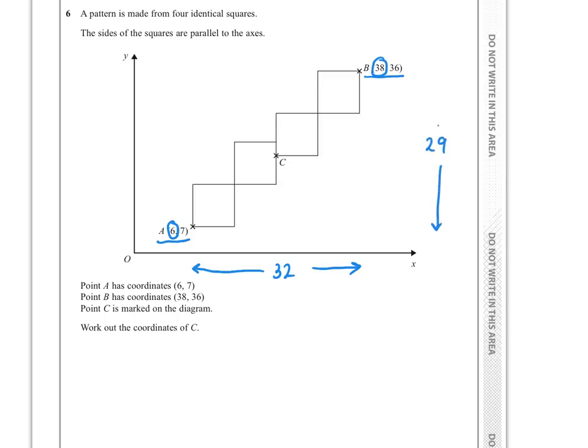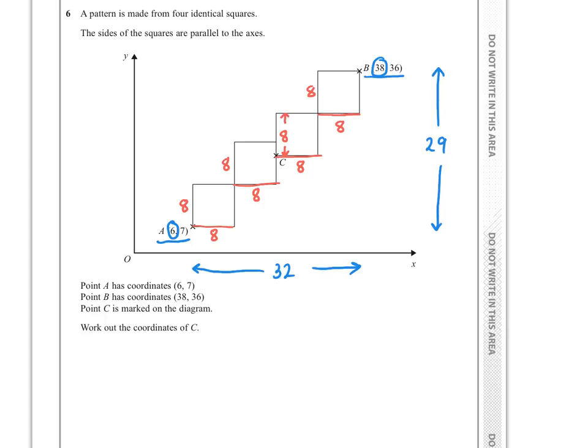So I knew that distance there was 29. And then I got stuck for a little bit, but then I thought, well, hold on, these are 8 then, because to get 32, we've got 1, 2, 3, 4 sides to get 32, and they're all the same because they're identical squares, so they're all 8. And then the penny dropped that, of course, these are 8 as well, including this one.